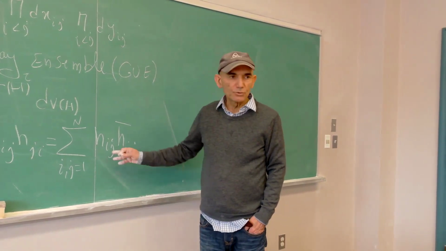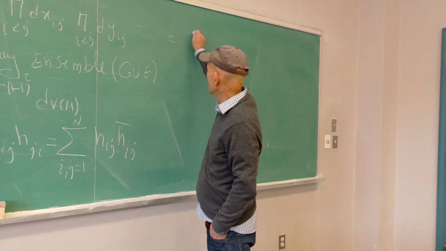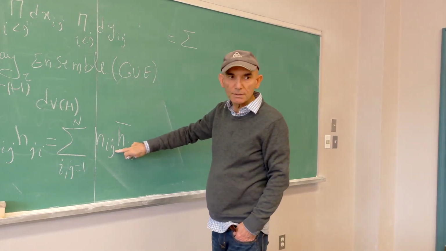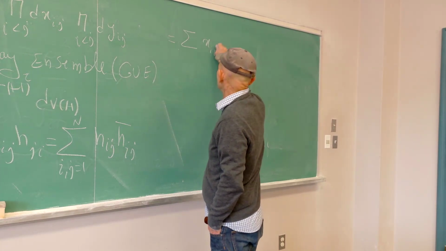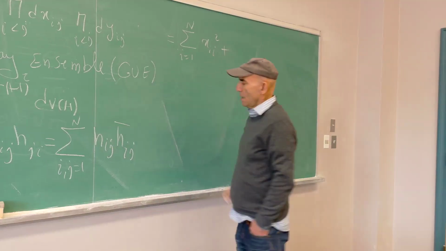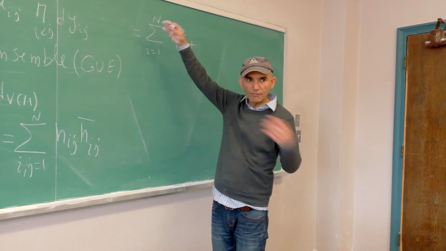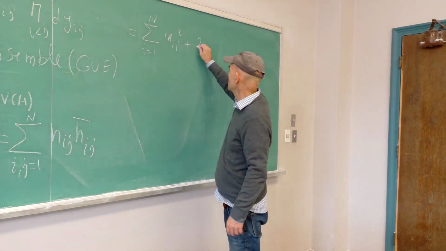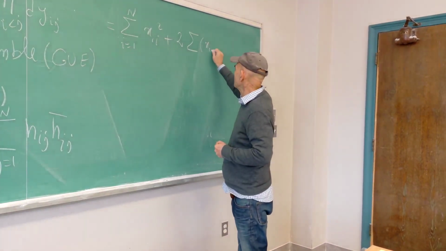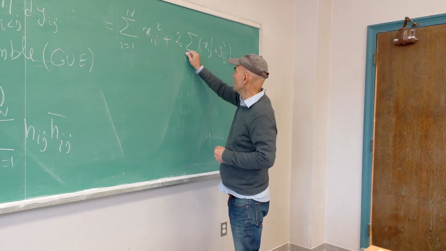So now we can break this in two pieces, on the diagonal and off diagonal. On the diagonal just comes the sum of xii squared. There's nothing else. And then on the off diagonal, there's twice, because above and below, they contribute twice on each. Sum of xij squared plus yij squared, now I just go i less than j.